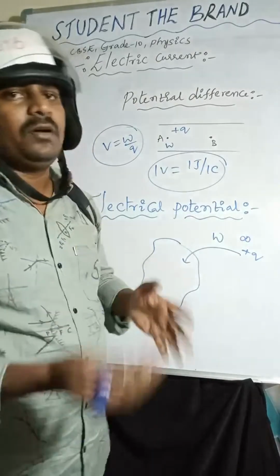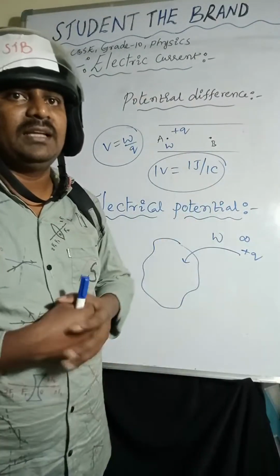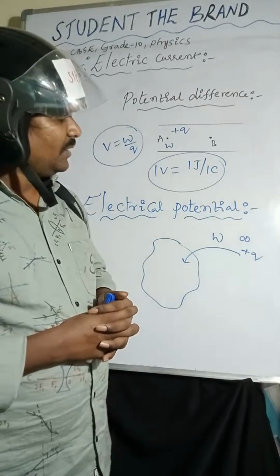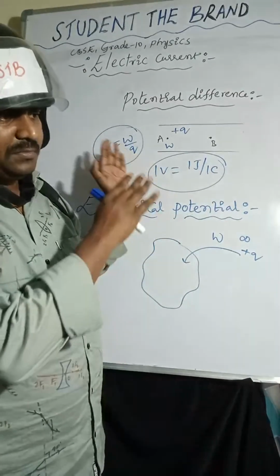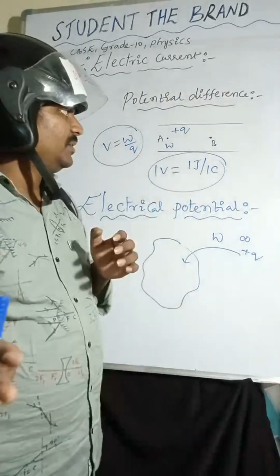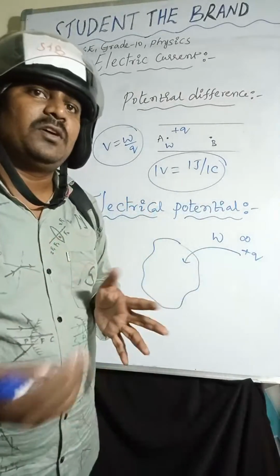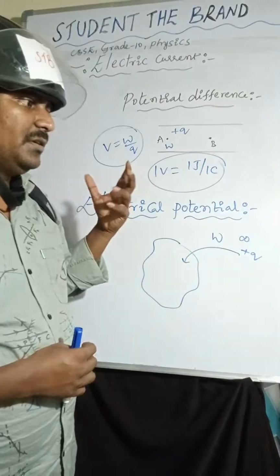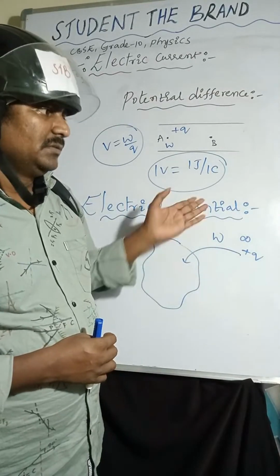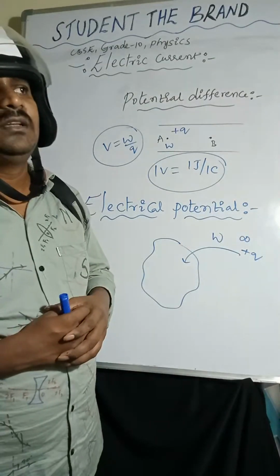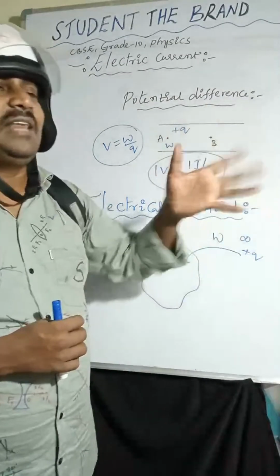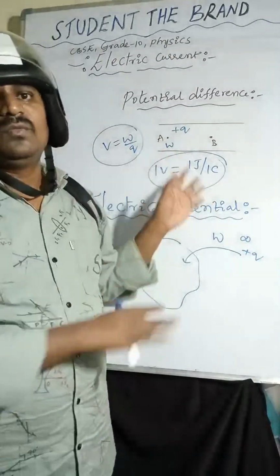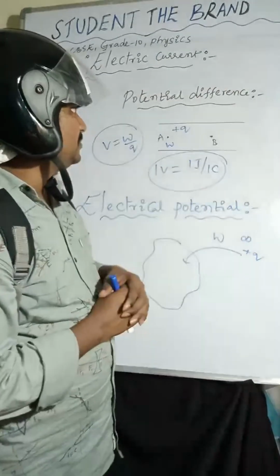Problems they will ask on these two concepts, and not only this concept, from the entire chapter each and every concept they will ask problems, right from quantization of charge, electric current, potential difference and electrical potential, electric circuit, conventional current. Related to this, surely one question will be expected, because that much important it is.